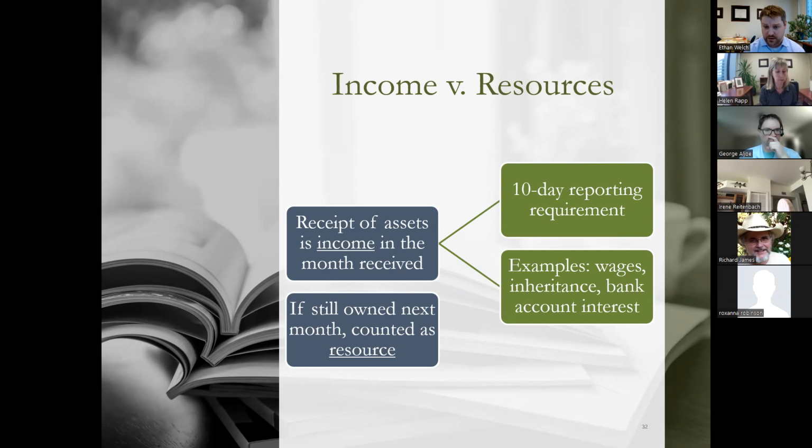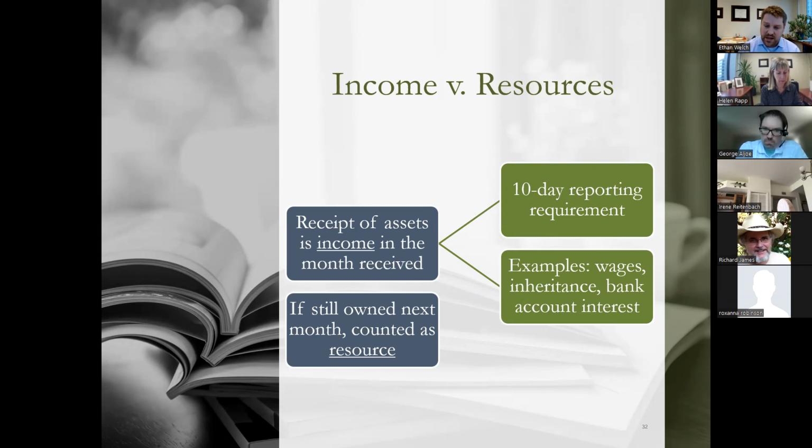It can be unearned income, like income from investments. It can simply be $500 coming into the disabled child's account every month. That could be considered unearned income under Social Security standards. If it enters the account in that month, that is income.